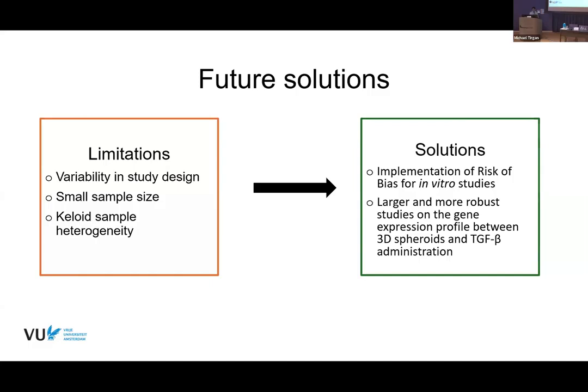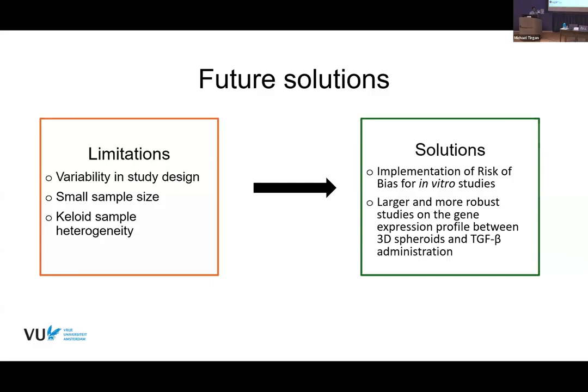The second limitation is the small sample size and the keloid sample heterogeneity. The research articles themselves each used keloid lesions from one place: the research article by Dr. Ronald used solely earlobe keloids, whereas another study used chest keloids.